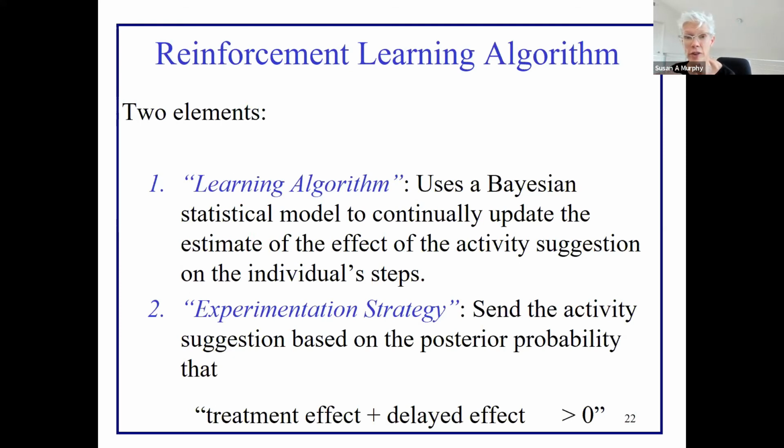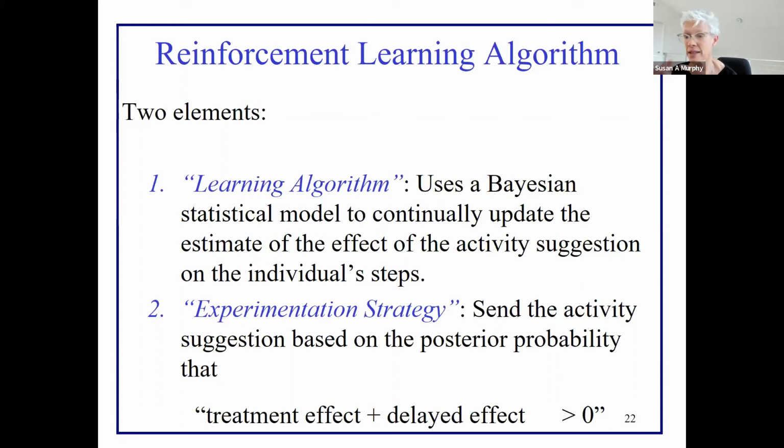And a learning algorithm is just some sort of modeling, a statistical model. In particular, we're going to use a Bayesian statistical model, if you've had any Bayesian statistics. And this is a model of the user's world, like a model of how their step count might change as a result of getting a message in a particular setting, in the morning, when the weather's good, and so on.